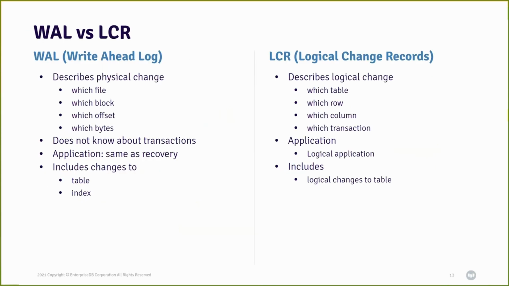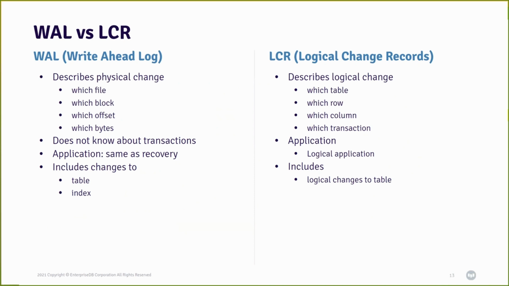So what's the difference between WAL and LCR, as is probably apparent by now? WAL is write ahead log, which basically describes a physical change. For example, in which file that change happened, which block, in that block, what offset and what bytes changed.